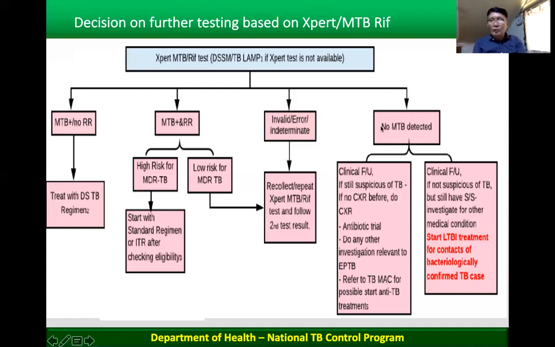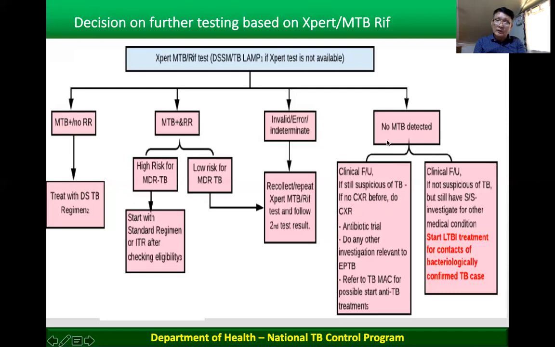Now, what does it mean when we have the result no MTB detected? Definitely, in our mind, the patient has no TB. But there are also two considerations here that we need to understand. Okay, as far as the clinical findings is concerned, if still suspicious of TB, if no chest X-ray before, you need to do chest X-ray.